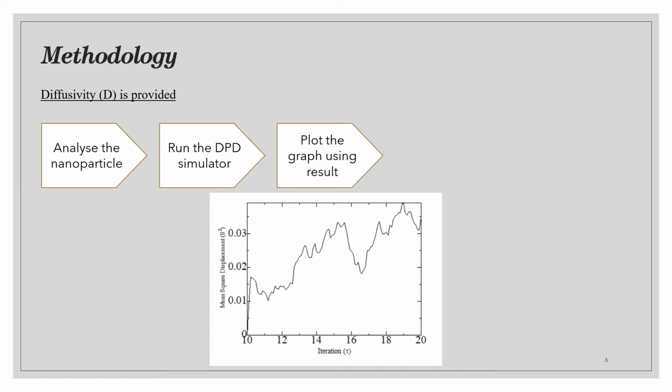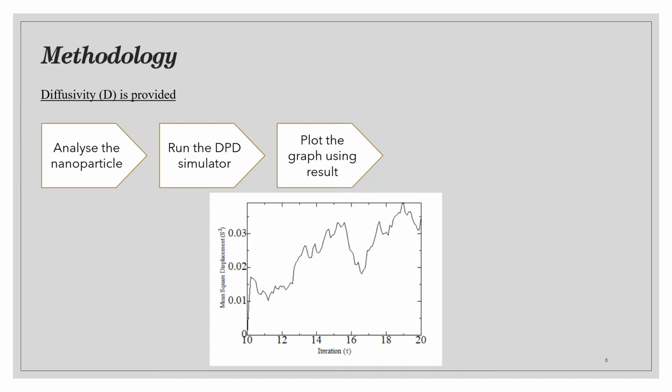The iteration is set as 200,000 to reduce the simulation time. Before obtaining the gradient from the graph, as you can see from the graph below, the iteration is only set from 10 to 20, which equals 100,000 to 200,000 iterations.